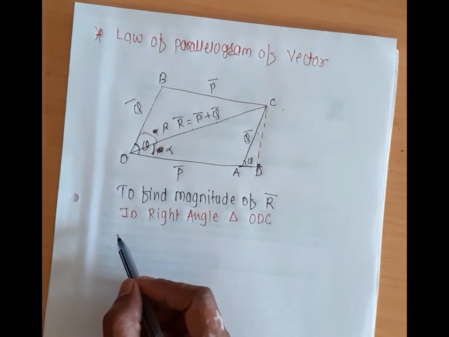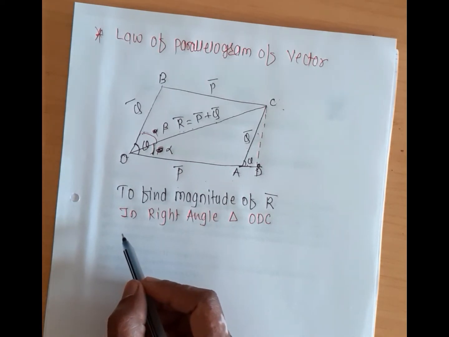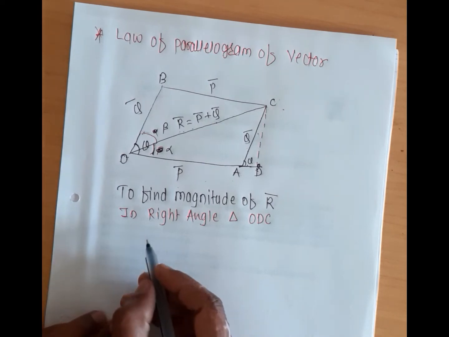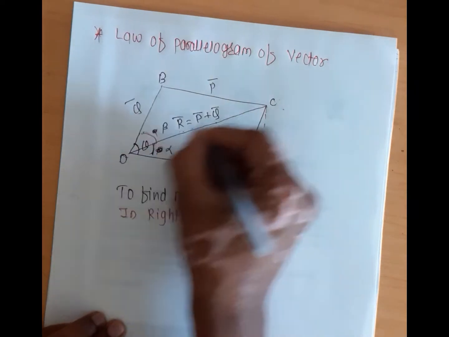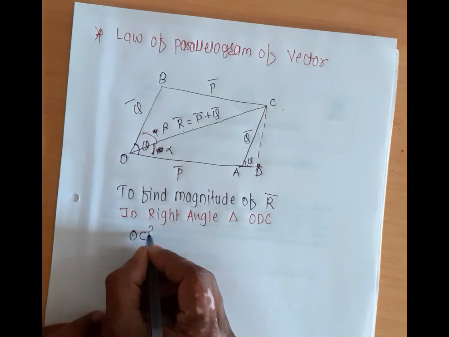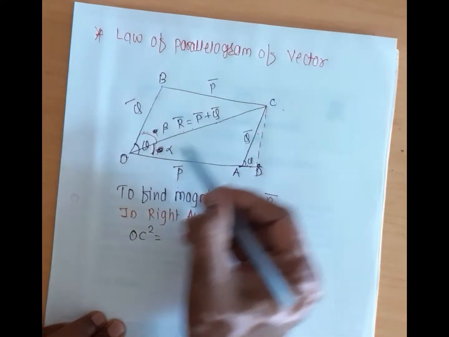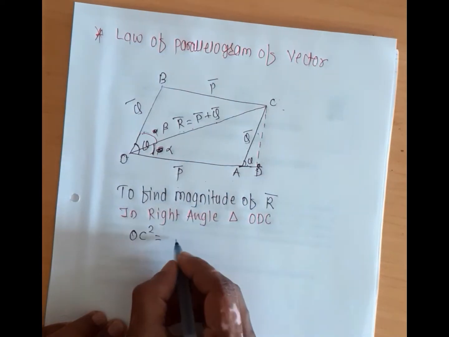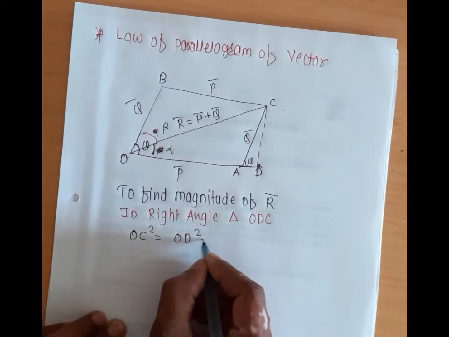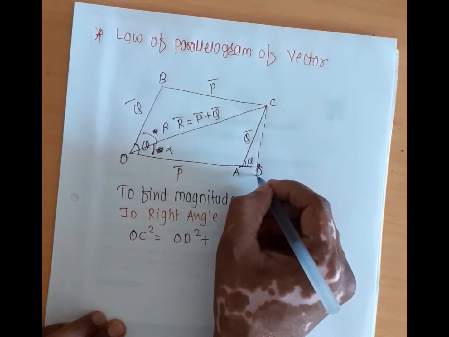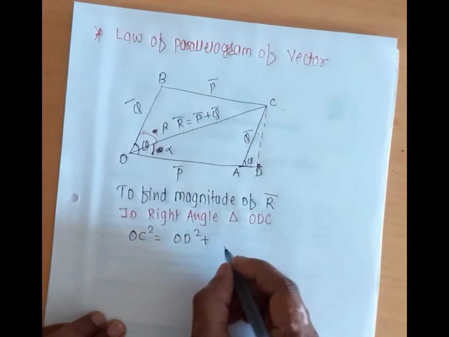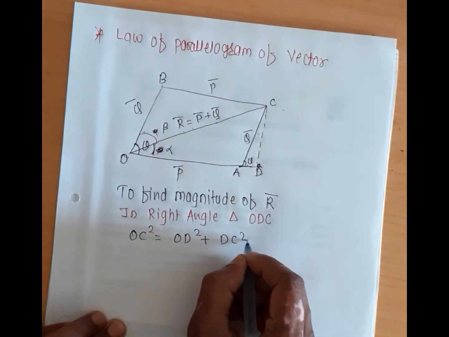First side square plus second side square is equal to diagonal square. So here we write OC square is equal to the first side OD square plus DC square, OD square plus DC square.